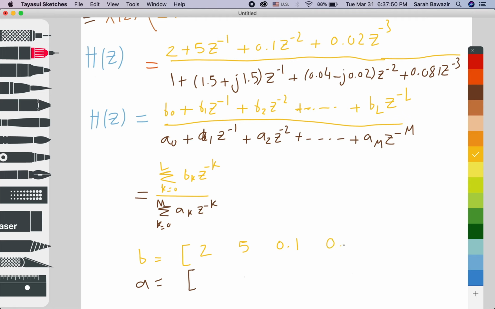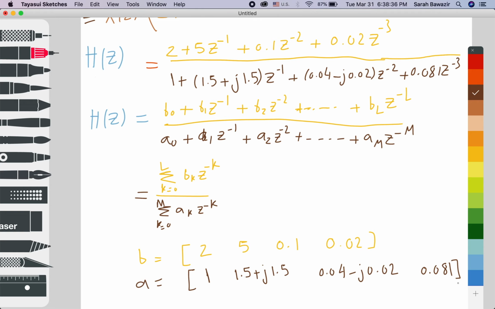Finally, B3 is 0.02. What about the A's from here? The first one is 1. The second one is 1.5 plus j1.5. The third one is 0.04 minus j0.02. And finally, 0.081. Okay?